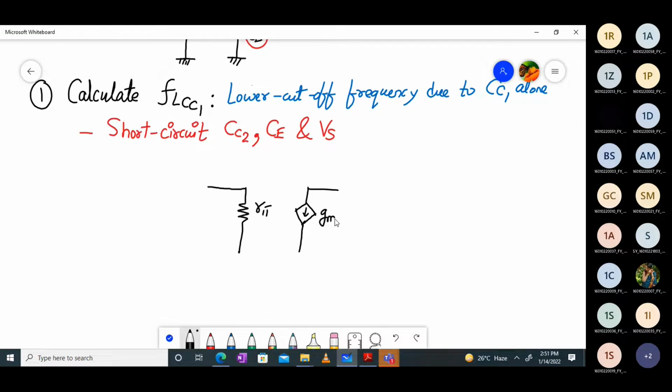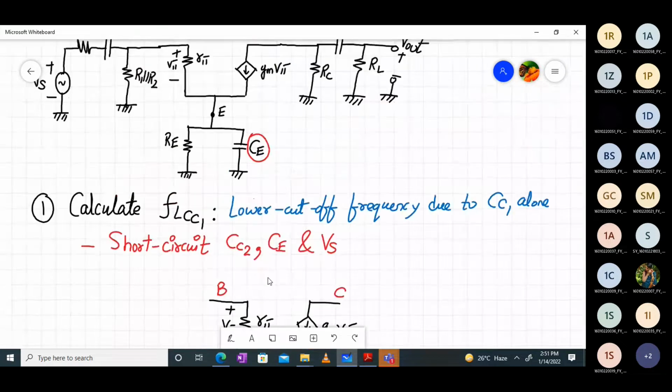This is gm into V pi. Here is my V pi. So I have drawn the hybrid pi model, and I'll write the terminals now: base, collector, and emitter. Now tell me what will remain and what will go.